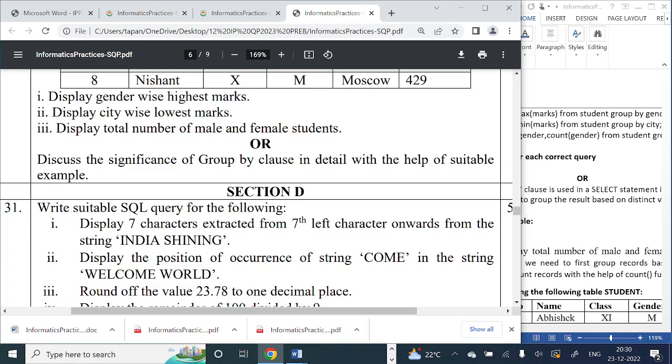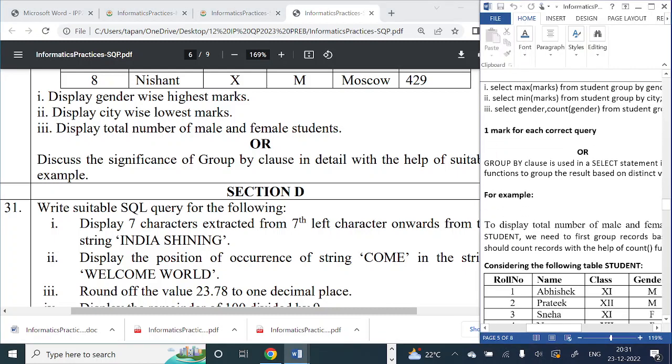Discuss the significance of the group by clause in detail with the help of a suitable example. Group by is used to group similar types of data of a particular column, and you can give an example also. After group by, if you want to apply any condition, we use having. Significance is the importance of group by.